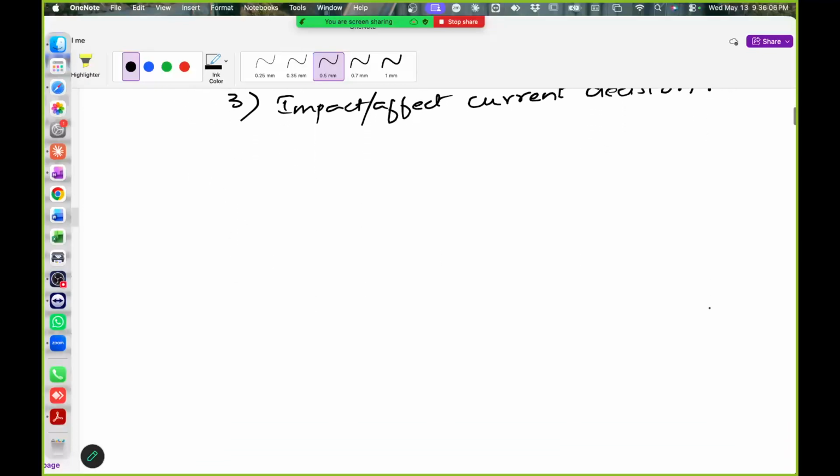So, a small example: the current decision we have to take, the decision in the manager's hand, is to replace old equipment.